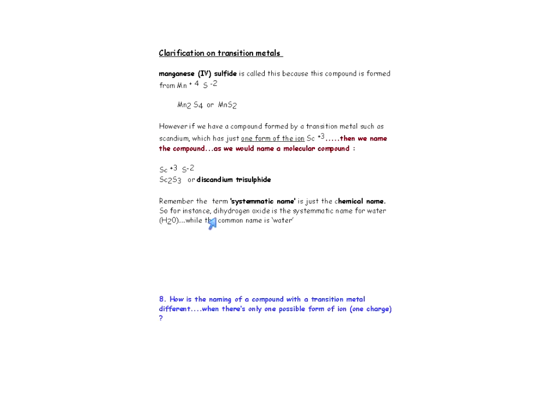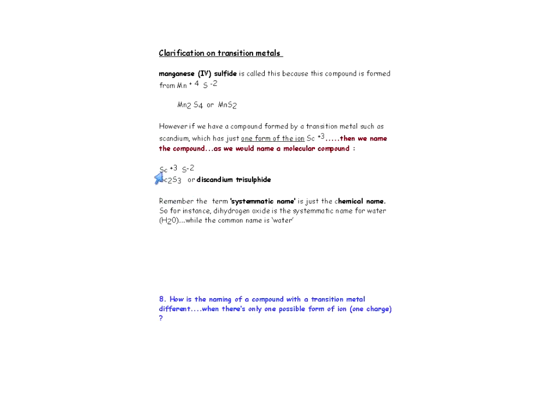Okay, so one thing I wanted to point out, guys, is if you have a compound with a transition metal and there's only 1 ion for it, then we don't use this Roman numeral system. We name it just like it's a molecular compound. So for this one here, scandium trisulfide, we call it discandium trisulfide. Okay?